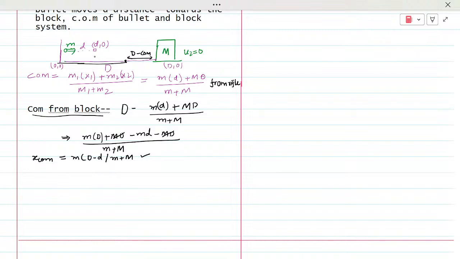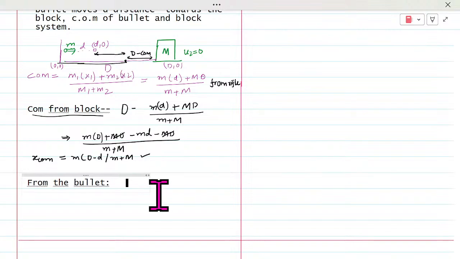So now from the bullet. Here is the bullet, and I want to find this distance. From the bullet it will come like this.